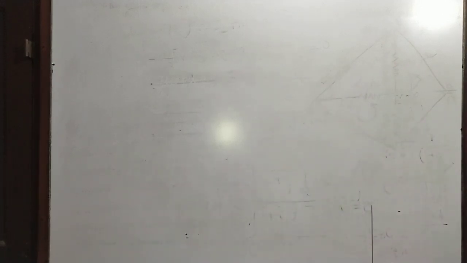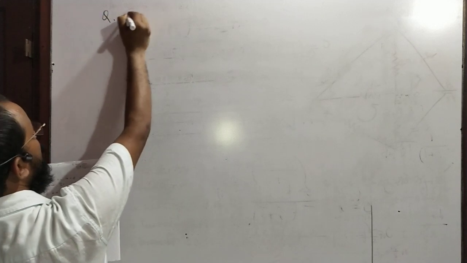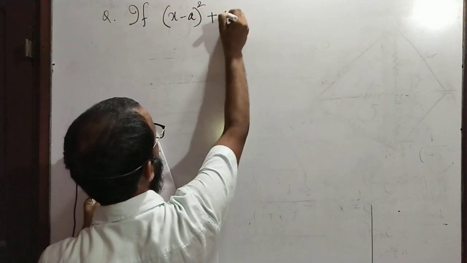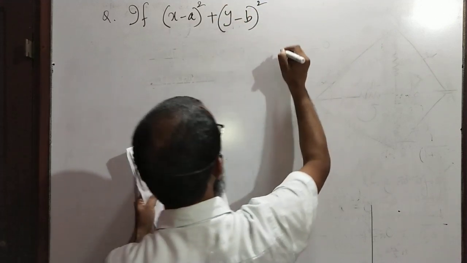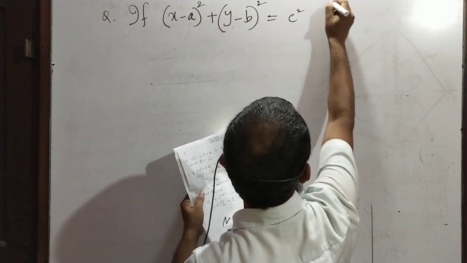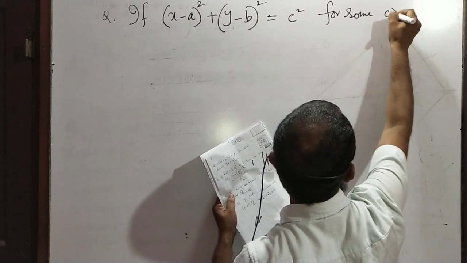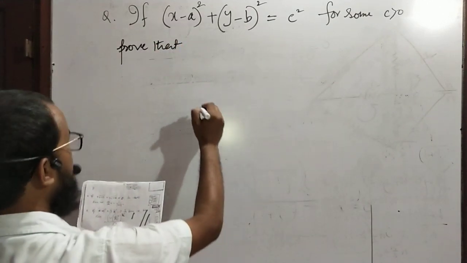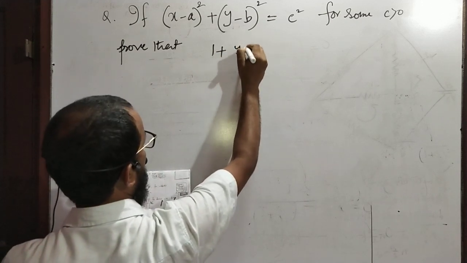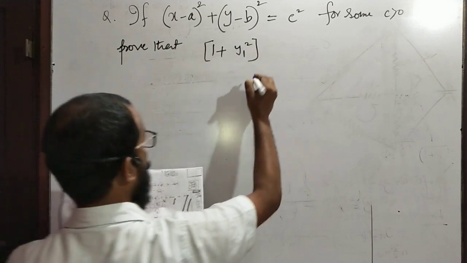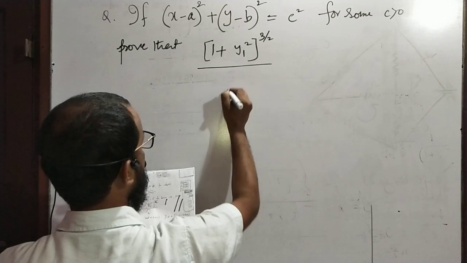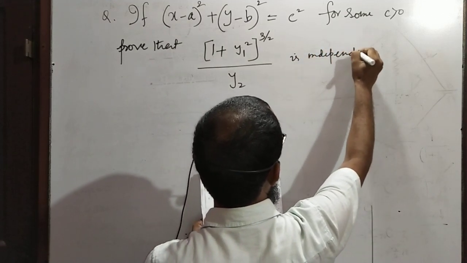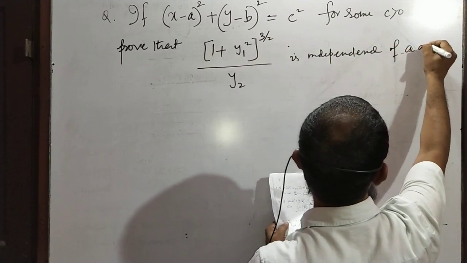Next question is also important. If x minus a whole square plus y minus b whole square equals c square for some c greater than 0, prove that 1 plus y1 square whole to the power 3 by 2 upon y2 is independent of a and b.